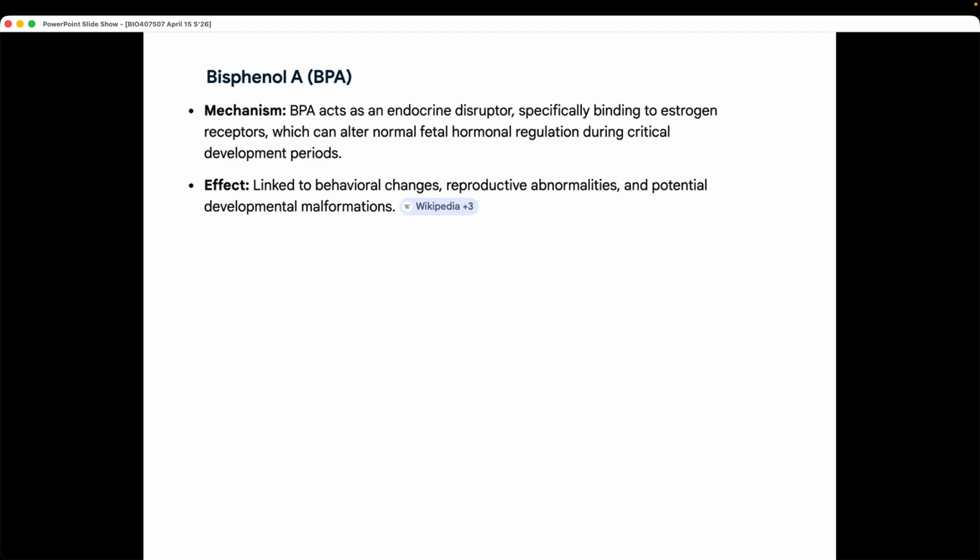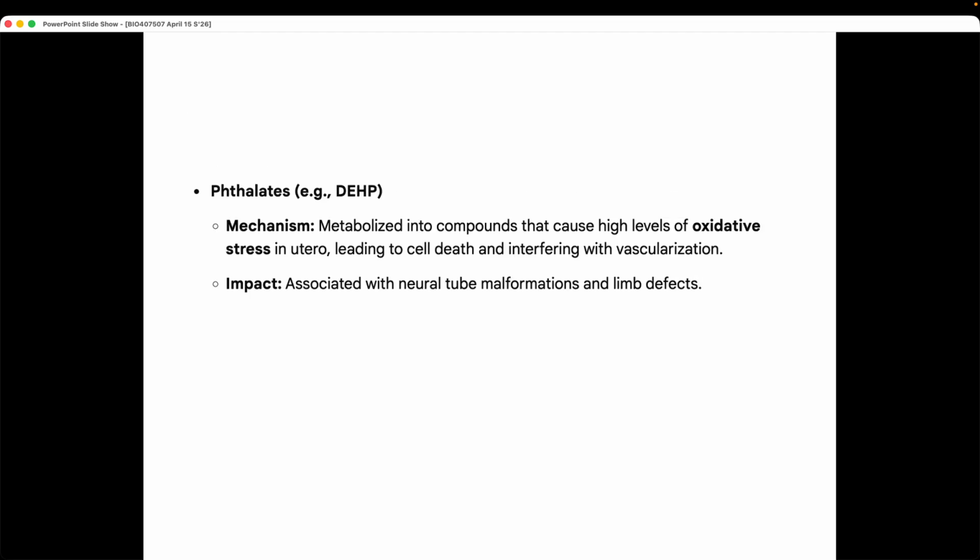We learned the nature walk type approach: oh, BPA is in plastics, and it can be an endocrine disruptor, so what about it? It's an endocrine disruptor, and it binds to estrogen receptors, and then it has an effect. I just wanted to show you that I started grinding out examples using that AI help. I have several of these, right?